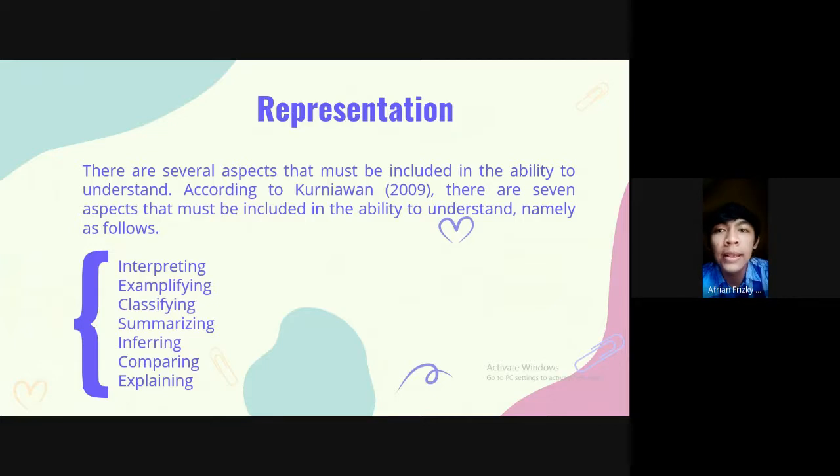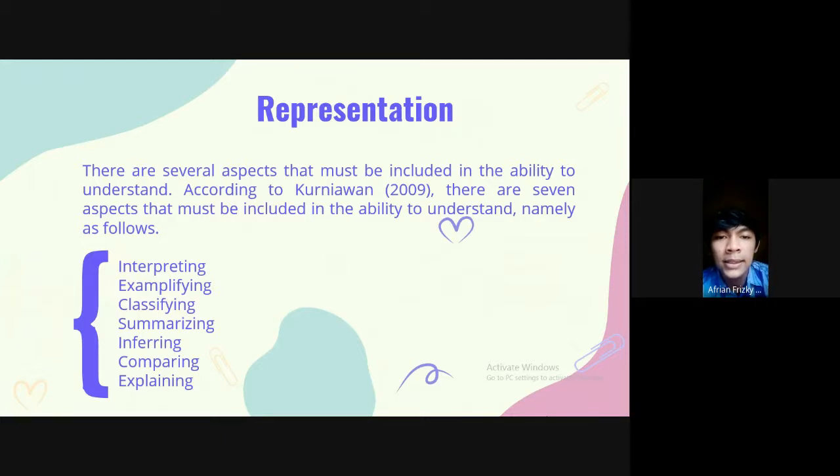And then the inferring occurs when students can distinguish the form of a number from the previous numbers. And then comparing. Comparing is the ability when a student is given new information and then the student investigates further by correlating the information with knowledge that he is more familiar with.